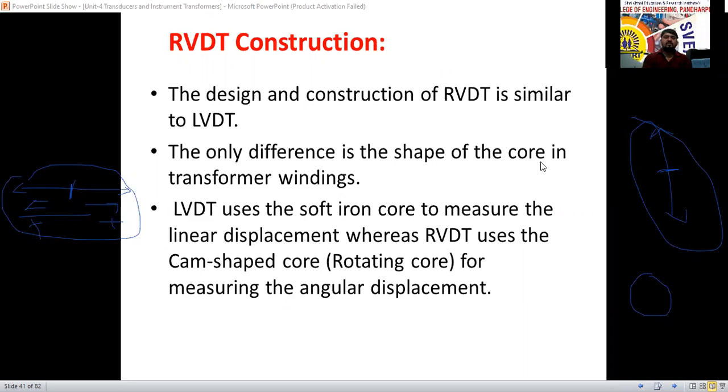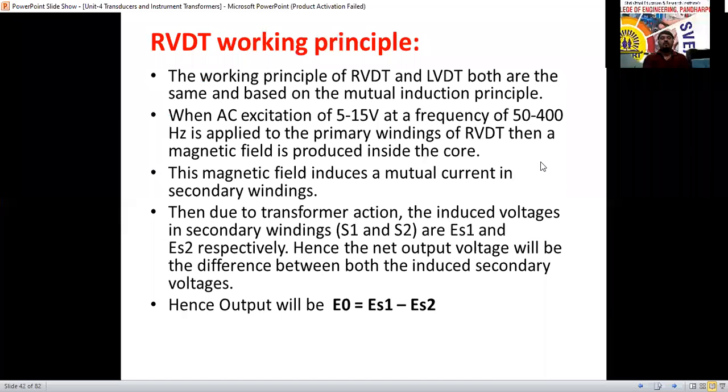Okay, this is the construction. Next, the working principle. The working principle of RVDT and LVDT are both the same, and there is not much difference between them. The only difference is that the LVDT moves along the horizontal or vertical axis, while the RVDT rotates with angular displacement.